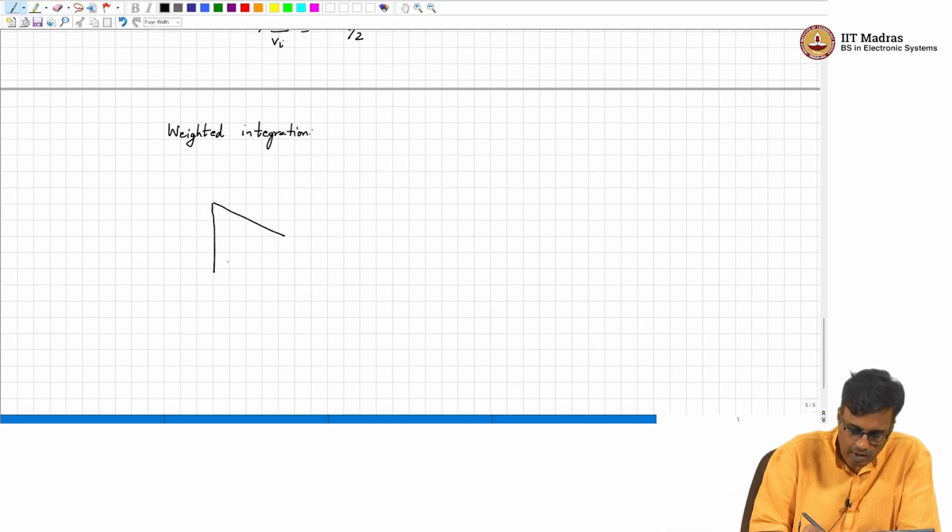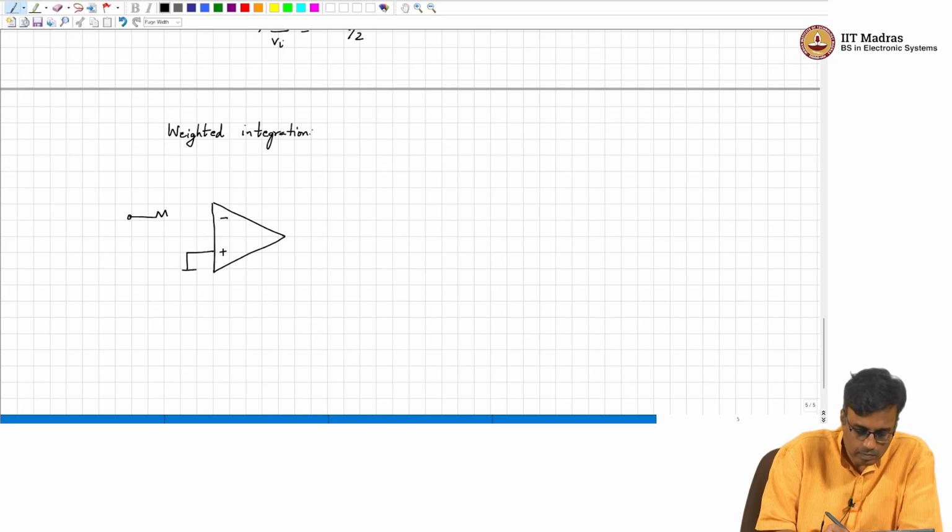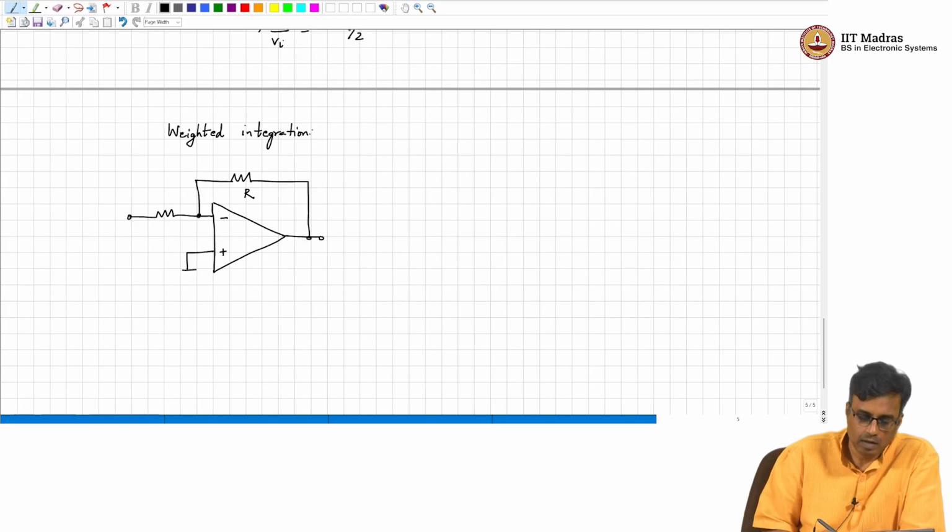This is an inverting amplifier. Let us say the feedback resistance is R, and this is Vo, this is V1.